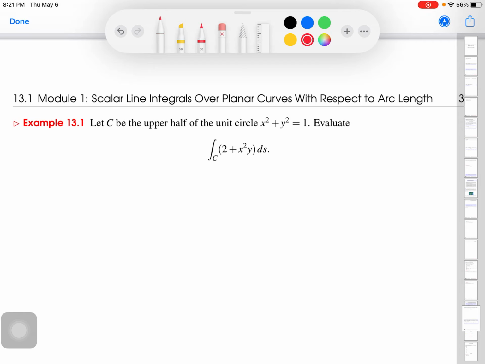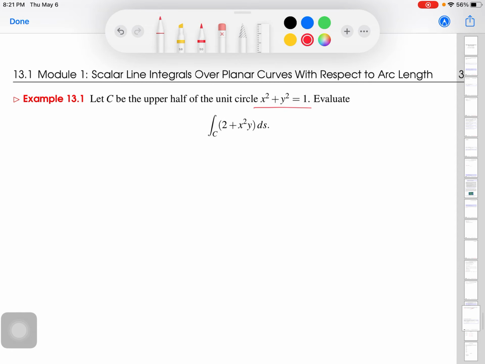Here's an example where C is the upper half of the unit circle x squared plus y squared equals 1, and I want to evaluate this line integral. The first thing I'm going to do is plot my curve, that's my upper half of the unit circle. Then I have to parametrize it. Why?